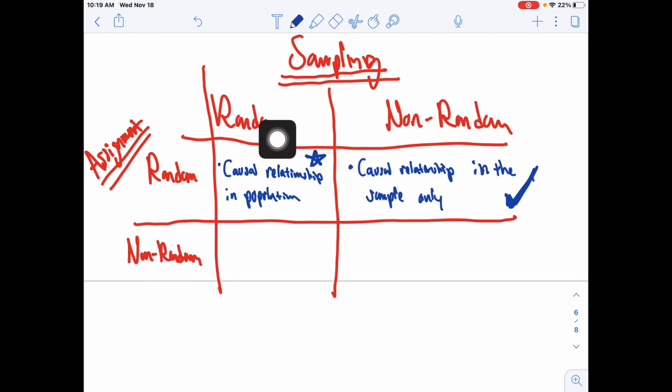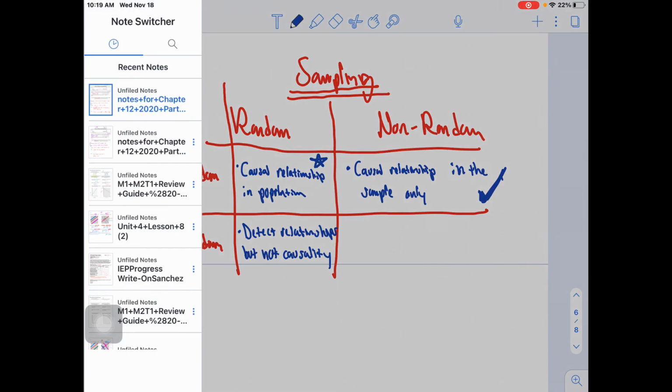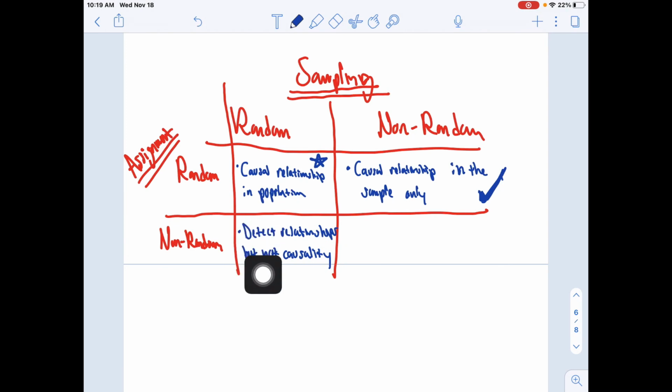But in the event that you did gather a random sample but didn't randomly assign them, you can detect relationships but not causality. So this would be pretty similar to observational studies. You can put that in there, kind of like observational studies.